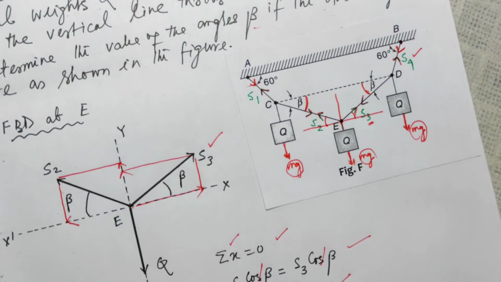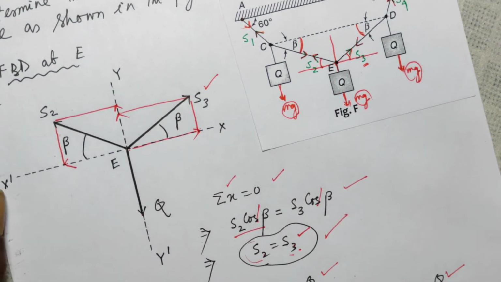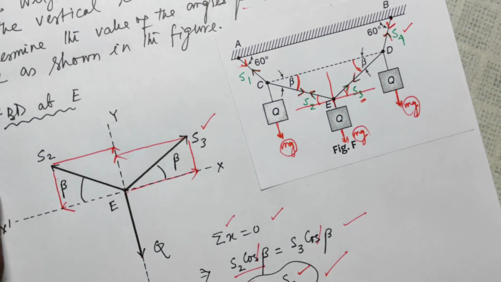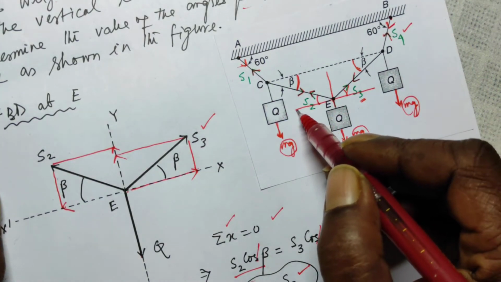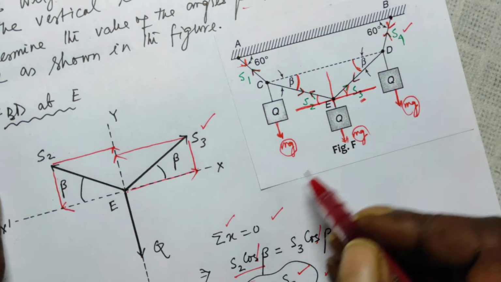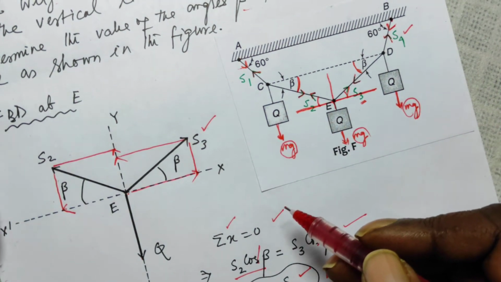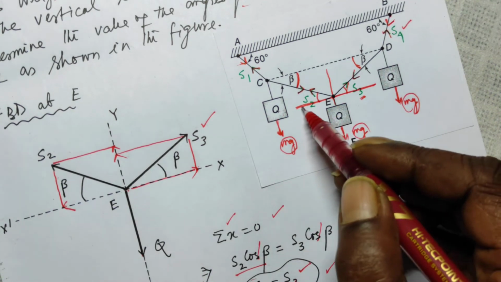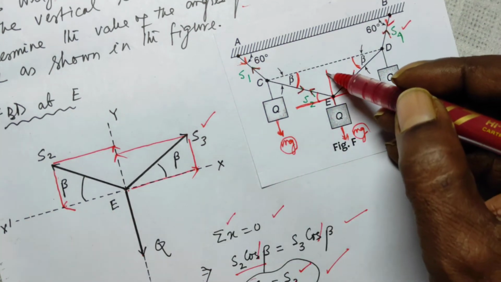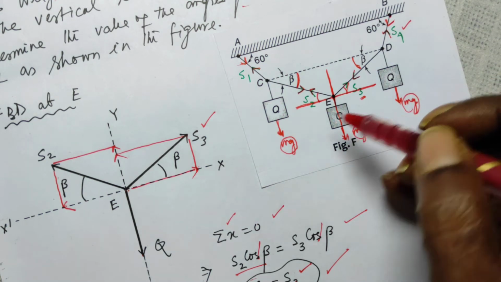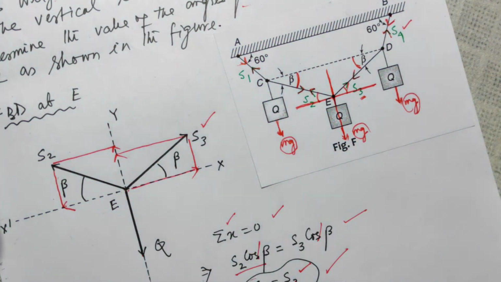Now, let us draw the free body diagram at point E. At point E, if you draw this horizontal line, this horizontal line is the same thing as this x-axis, and this vertical line is the same thing as the y-axis.